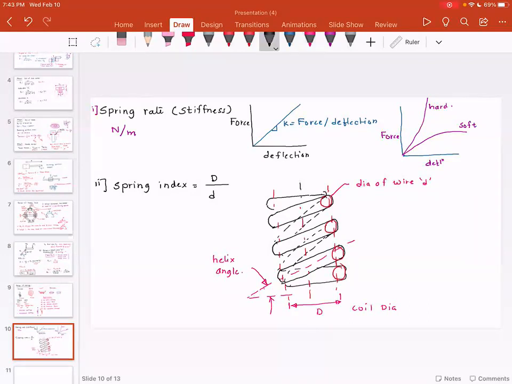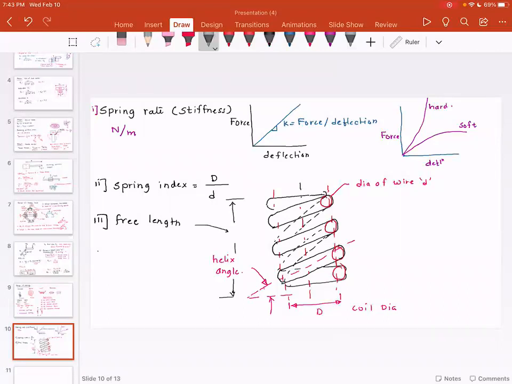The next thing is the free length. That means the free length of the spring when it is not loaded. So for example, in this particular case, this spring is not loaded, so this is the free length.